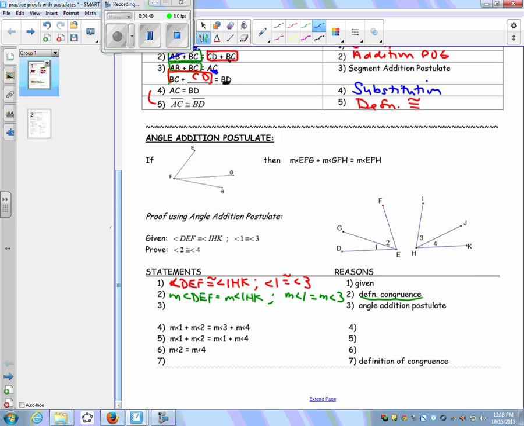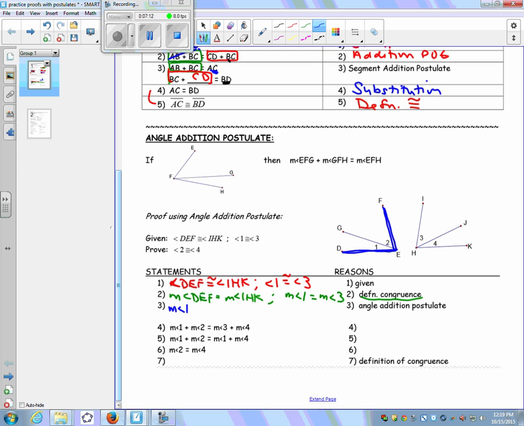We need to state the angle addition postulate using that angle first. What are we going to say? Measure of angle what? DEG, let's do the little one first. I'm going to call it angle 1 though, okay?